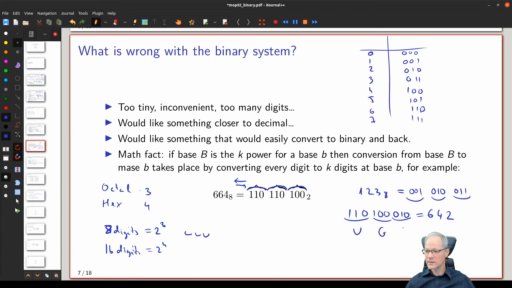User, group, and others. Right? And every one of those categories has 3 bits assigned to what they can and what they cannot do. And the meaning of these categories are whether they can read, write, execute. Read, write, execute. Read, write, execute, right?